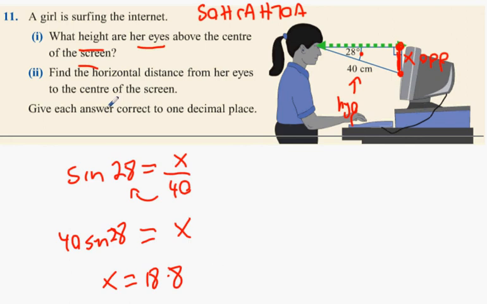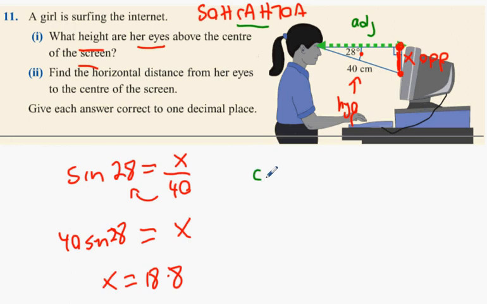Now, find the horizontal distance from our eyes to the center of the screen. This is what you're talking about, Charlie, the green one. What side is the green one? Adjacent. Now we can do this two ways. The first way we can do it is we can use CAH. Everybody get CAH? Noah, do you get CAH?